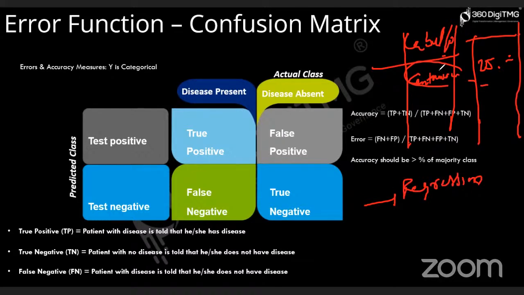When the output column or label column is in continuous form, we will go for regression models. But whenever our output or label column is in discrete form or categorical form, then you will be going for classification.